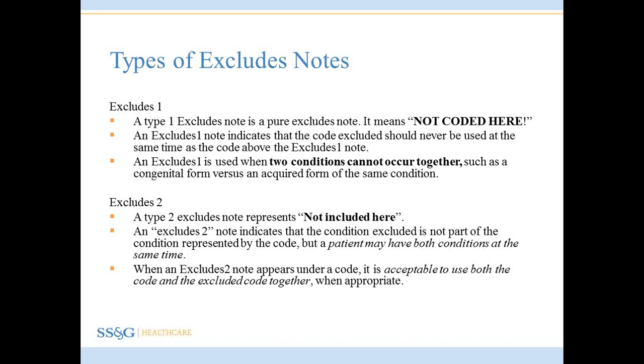An Excludes 2 note indicates that the condition excluded is not part of the condition represented by the code that you're looking up in the tabular, but a patient may have both conditions at the same time. When an Excludes 2 note appears under a code, it is acceptable to use both the code and the excluded code together when it's appropriate.